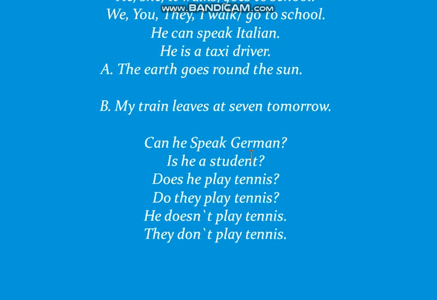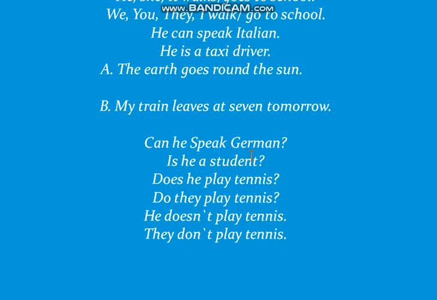But in case of having a sentence which lacks a helping verb, what are we supposed to do in simple present tense? Well, in that case, you have to use does for he, she, it, and do for the rest. Does he play tennis?